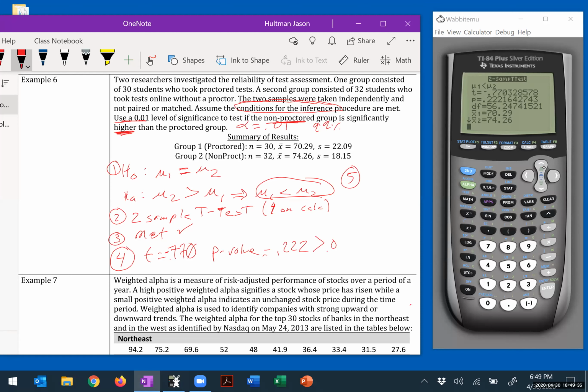Okay, the P value is much, much bigger than my significance level, right? So what does that tell me to do? When my P value is very large, that tells me that I failed to reject the hypothesis. This tells me that we are 99% certain that there is no difference in the average scores.